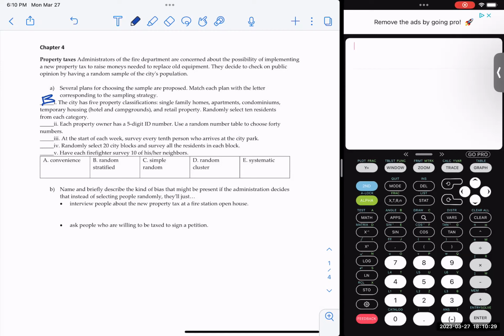Okay, good. And so then we say each property owner has a 5-digit ID number. Use a random number table to choose 40 numbers. If you're in the 1970s, now we just ask a machine to do it for us. And what's the answer for that? Oh, so that's a great idea. And I can kind of see why you would say that because there's this system to it, but it's a specific system that has its own name.